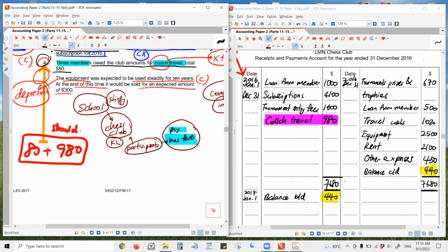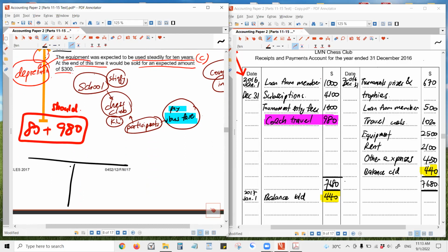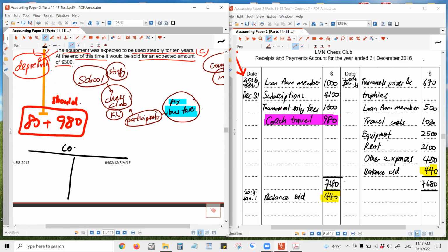So let me show you. Another way, you can do a T account for coach travel. It's an income account. The amount you have actually received is 980. Debit cash or debit bank, then credit coach travel.